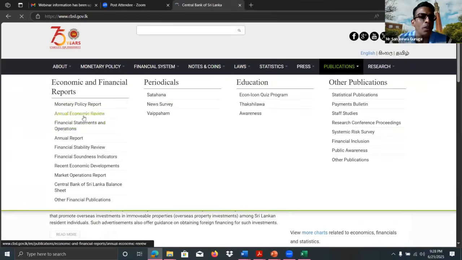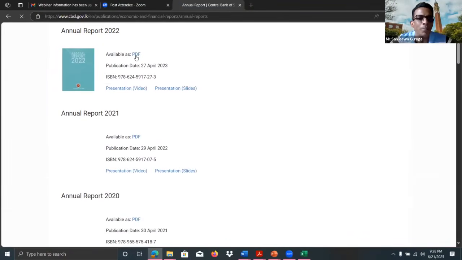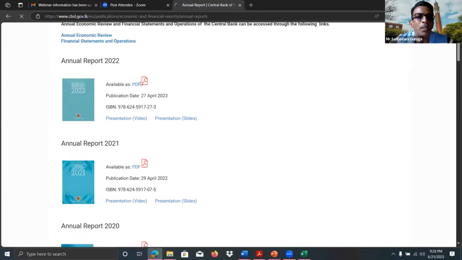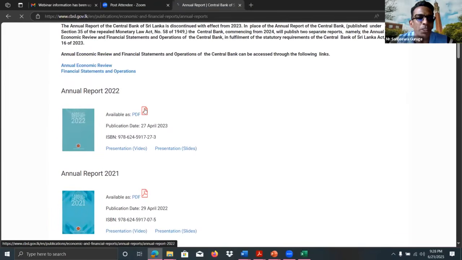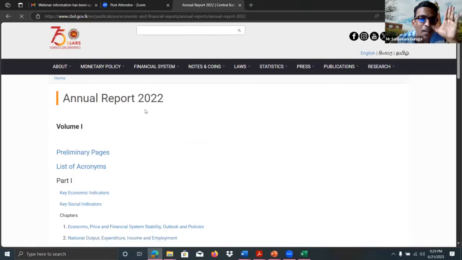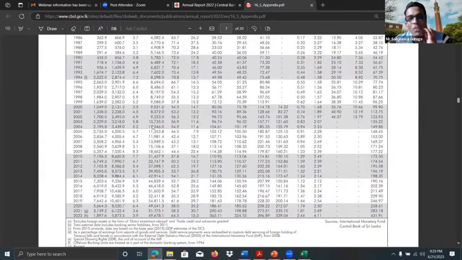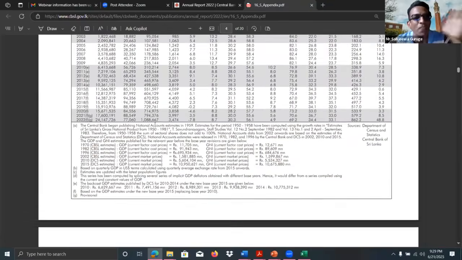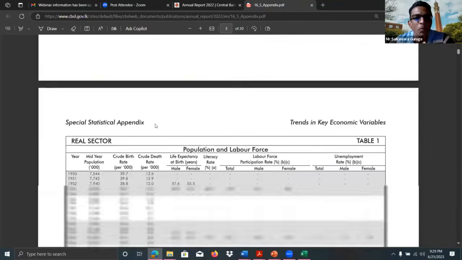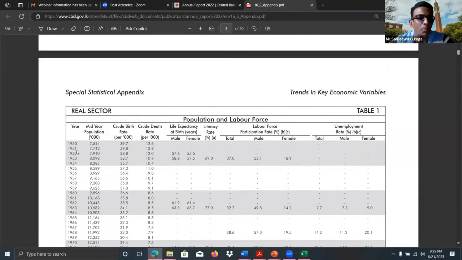In the annual report of the central bank, there is a special section called the special statistical appendix, which includes information from the incorporation of the central bank in 1950.